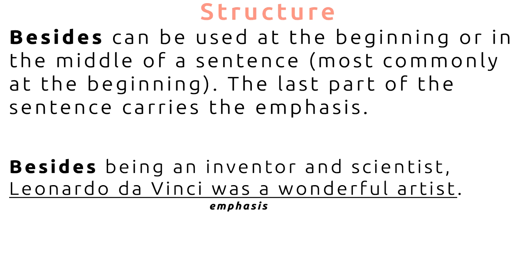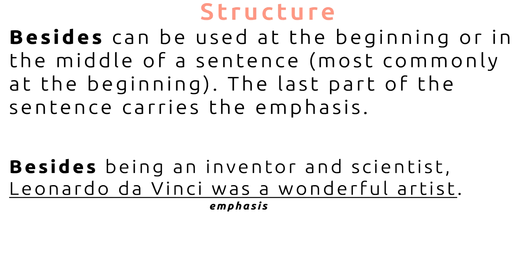The part of this sentence that carries the most weight is the last part, the second clause, which is underlined. So we're trying to say, including being an inventor and a scientist, so that was true about Da Vinci. Mainly I'm trying to say he was a fantastic artist.